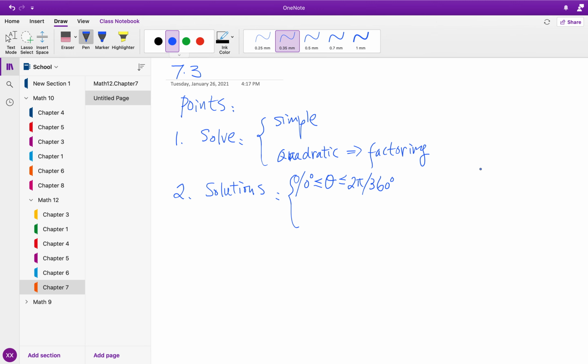So that means in these four quadrants, 1, 2, 3 and 4, you always have two solutions.